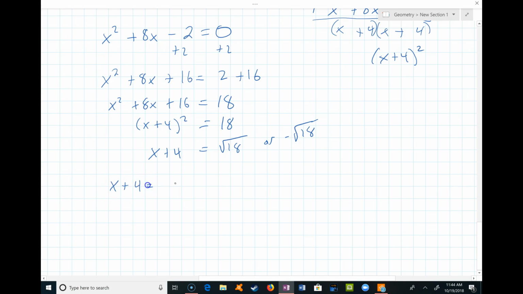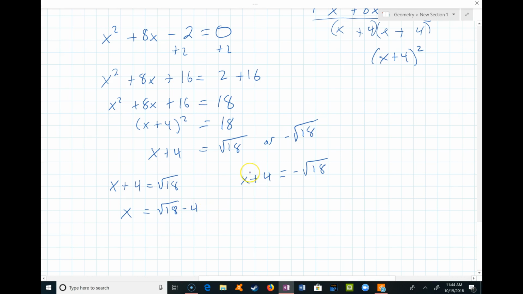X plus 4 is equal to the square root of 18, and x plus 4 is equal to negative square root of 18. And then I would subtract 4 from both sides, and I get x equals square root of 18 minus 4.